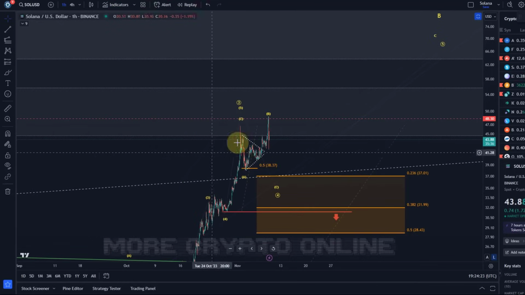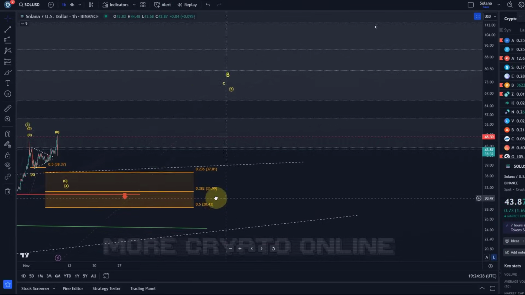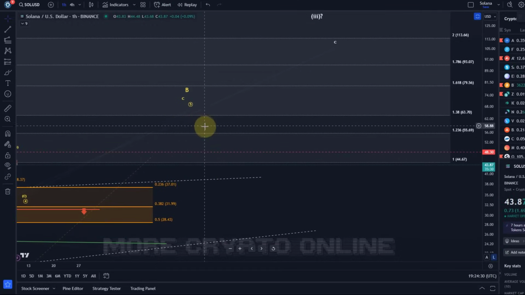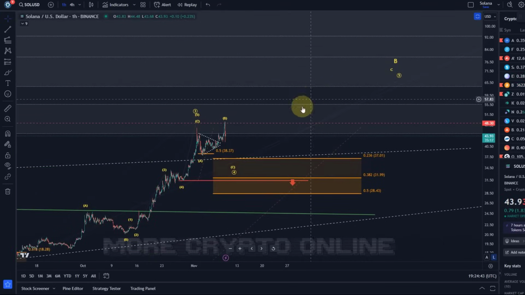Ultimately, whatever happens there against the $28.40 level, we are bullish on Solana and the next targets to the upside. And today's price action doesn't change anything there at the moment. Next targets to the upside are $55, $64, and $79. Yeah, certainly the $55 level would still be a level that I would like it to reach.